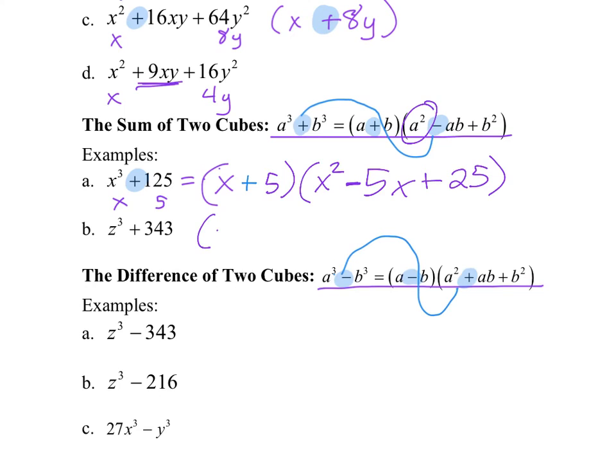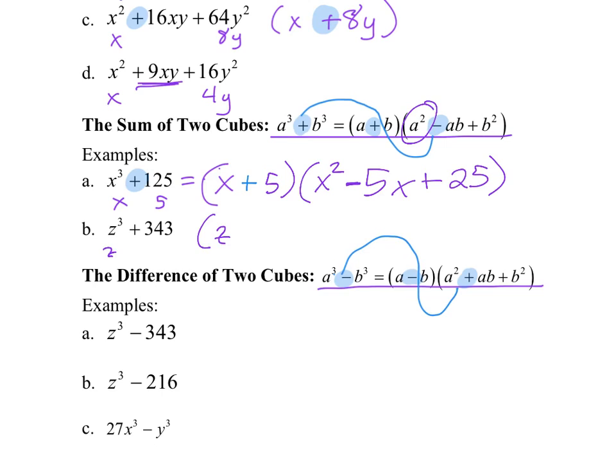On this one, we're going to have z, because the cube root of z cubed is z. The cube root of 343 is, I think, 6. Nope. Seven times 7 is 343.